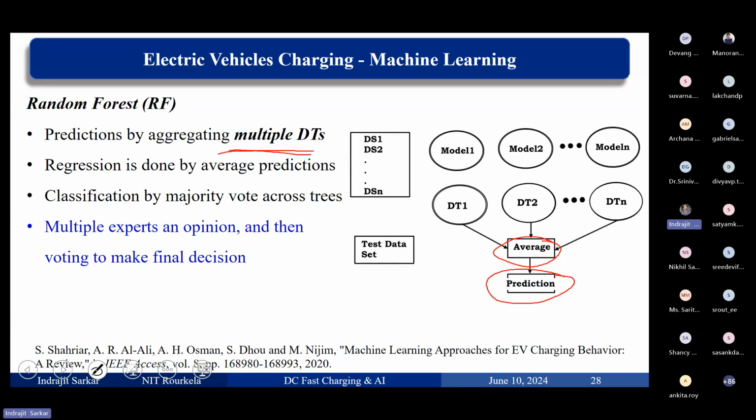Different models and different data sets are there. Based on that, we take one decision, another decision from another decision tree, and then finally we average and predict. Regression is done by averaging predictions, classification by majority vote across the trees. So it is like multiple experts giving opinions, and then voting to make the final decision. This is the difference between random forest and decision tree.